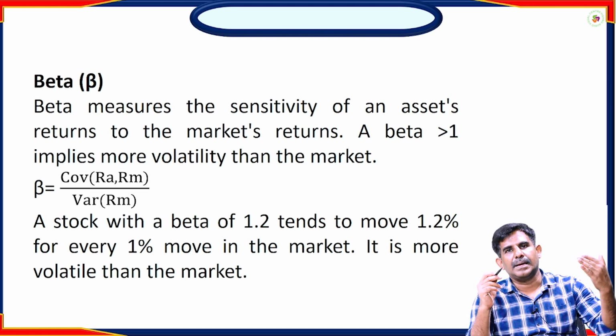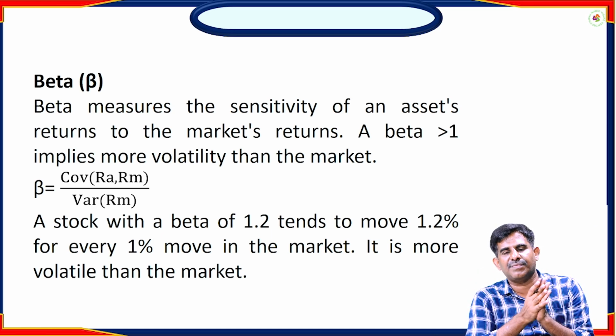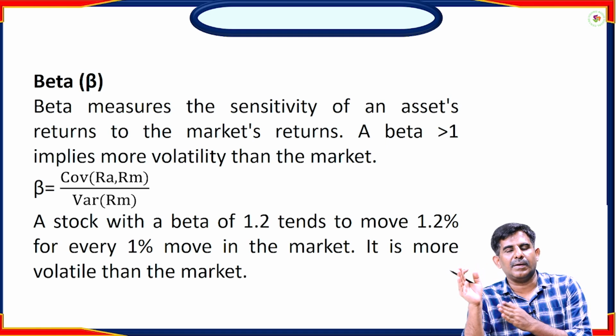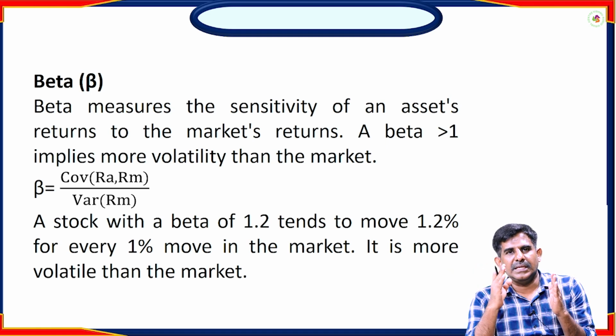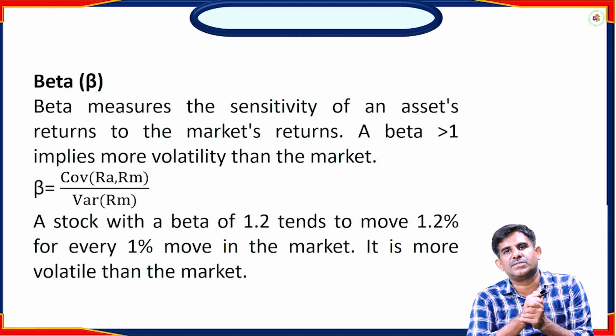Suppose the beta value for one particular stock, Reliance Industries, is 1.5. What it says is that the Reliance Industries stock price changes 1.5% when the market changes by only 1%.